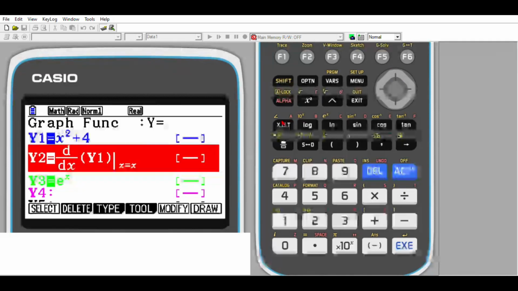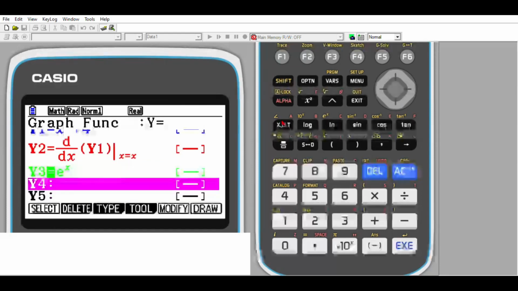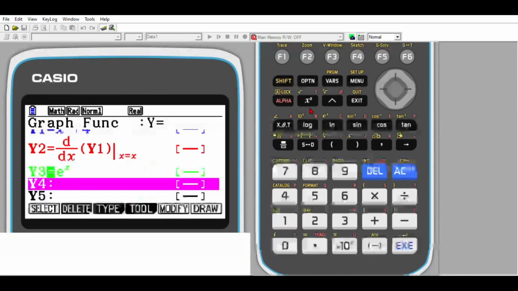I'm going to unselect this 2 to just not see the graph. And first of all, I'm going to draw this function for you to see what it looks like. It's a normal exponential function, right? So now, as for y4, I'm going to draw the derivative of this function, e to the power of x.